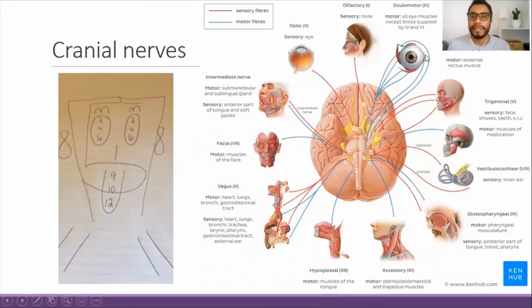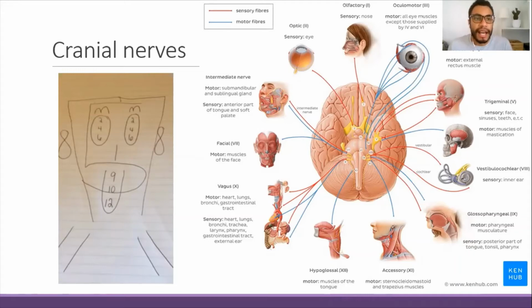Number 3 is the oculomotor nerve. The oculomotor nerve is a motor nerve, as the name implies, and is related with all movements in the eyes, and also to elevate the eyelid. When I do this movement, this is partly the oculomotor as well.